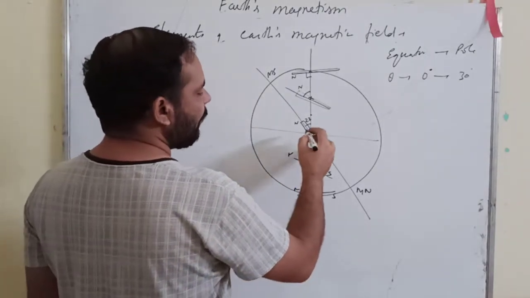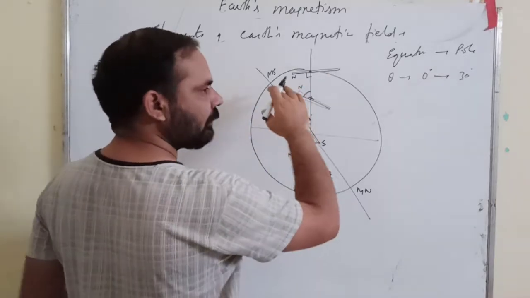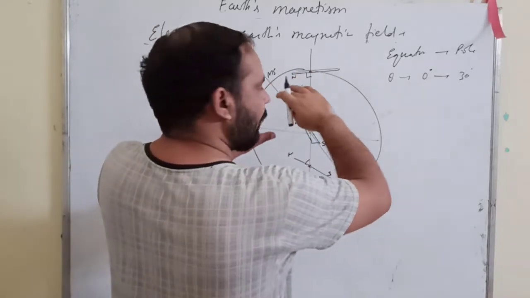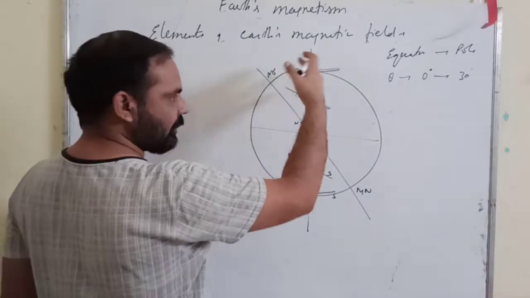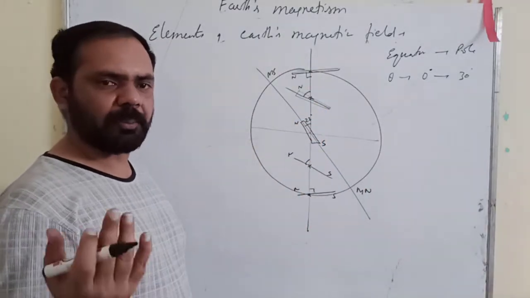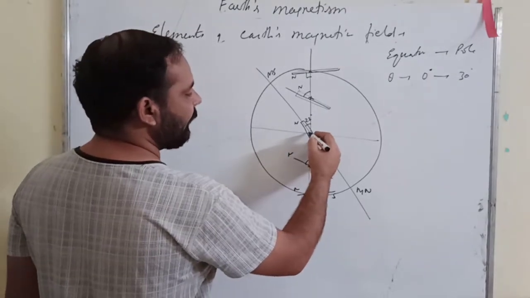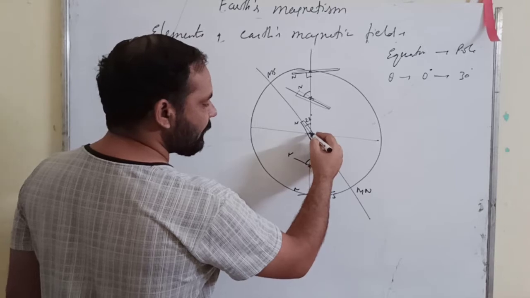Exactly the reason is that I have simply shown this figure not on a correct scale basis, because the size of the Earth is very large and this magnet will be very small. When the size is very small, it is very difficult to identify in which direction the magnet is aligned.